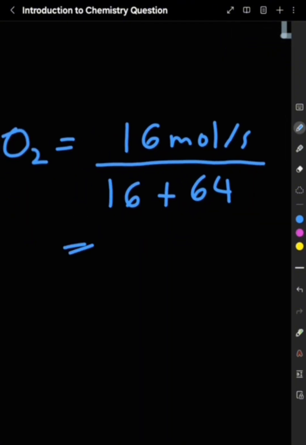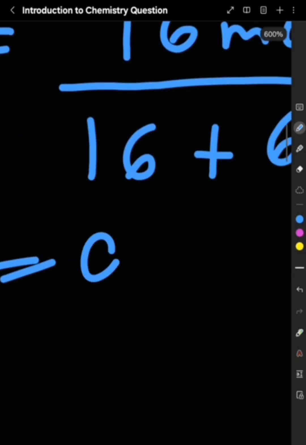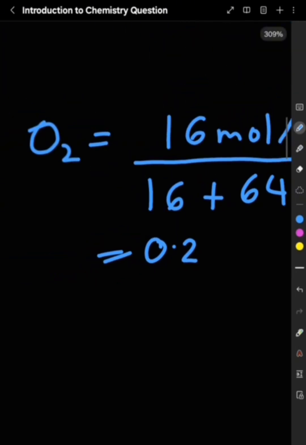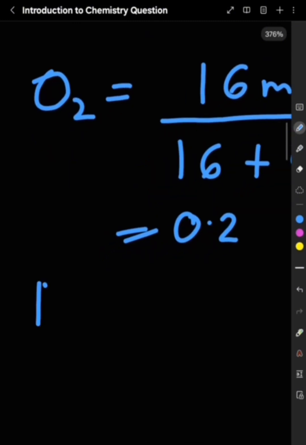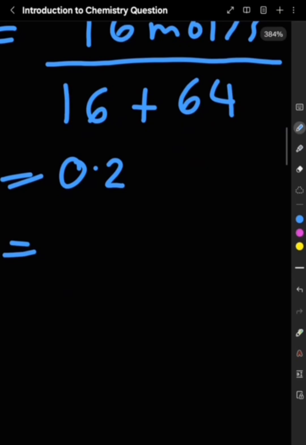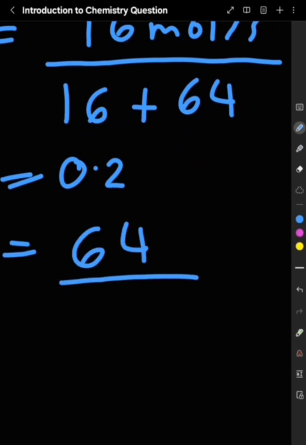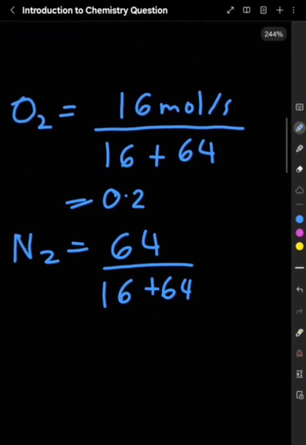So we calculate. We got 0.2. Then we find for the nitrogen, 64 over 16 plus 64. We got 0.8.